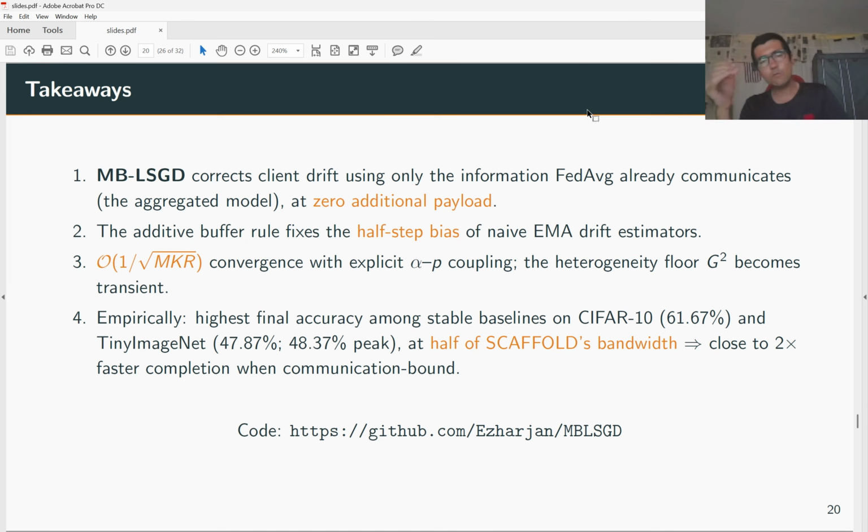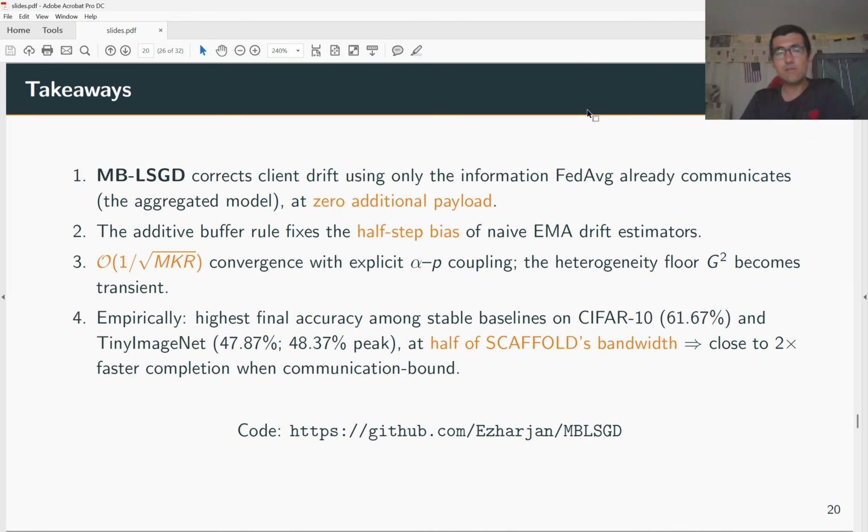Two: if you build that estimator naively as an EMA, you silently lose half the correction, and an additive rule fixes it. Three: we proved the 1 over root MKR rate with an explicit coupling between buffer rate and participation rate, and heterogeneity demoted to a transient term.